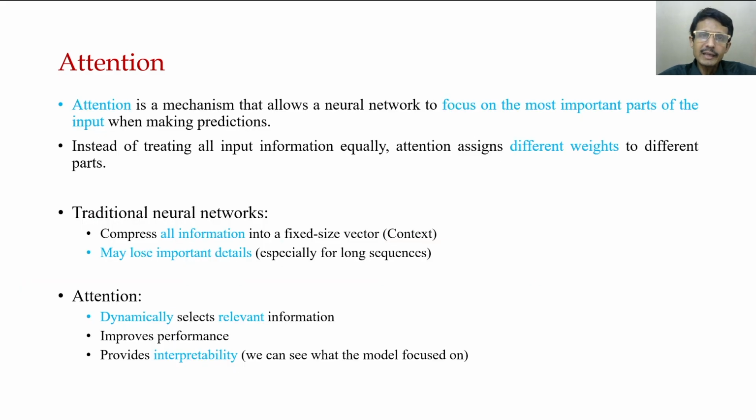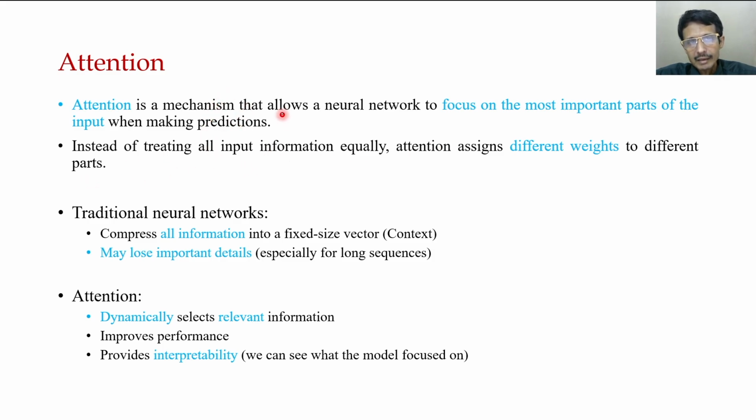So what do we mean by attention? Attention is a mechanism that allows a neural net to focus on the most important parts of the input when making the prediction. Instead of treating all the input information equally, attention assigns different weights to different parts.